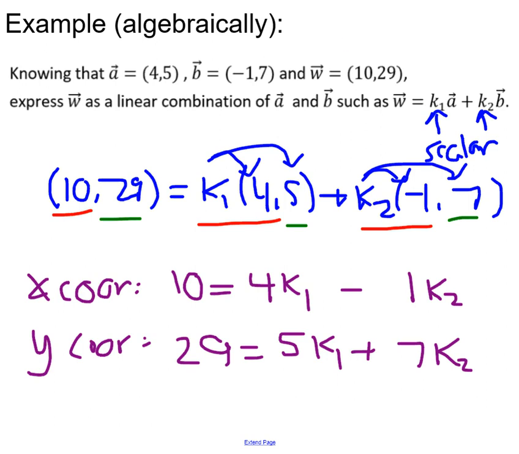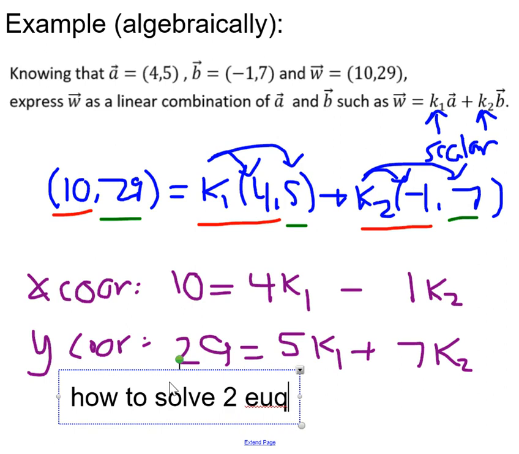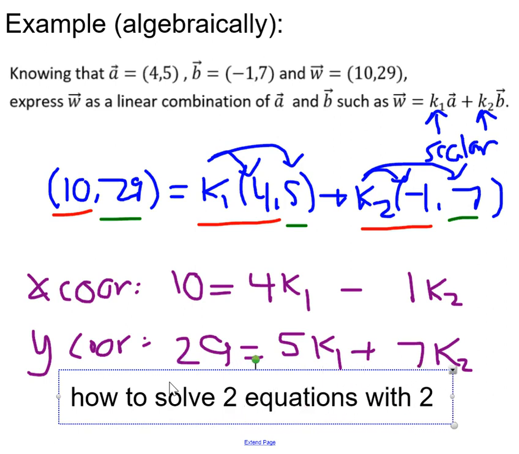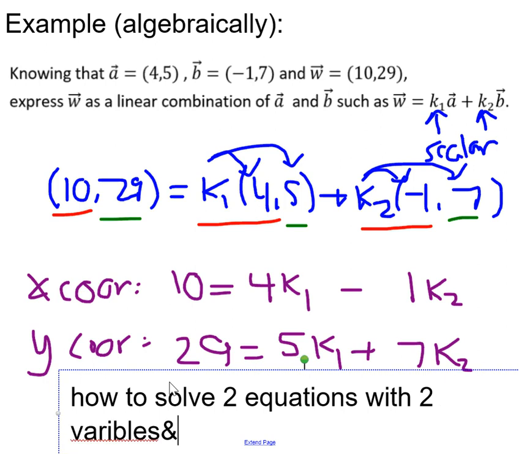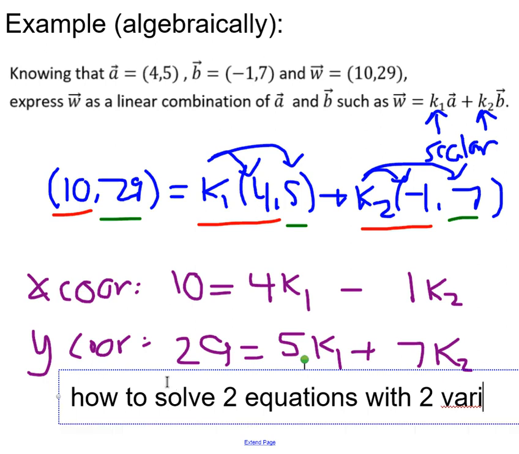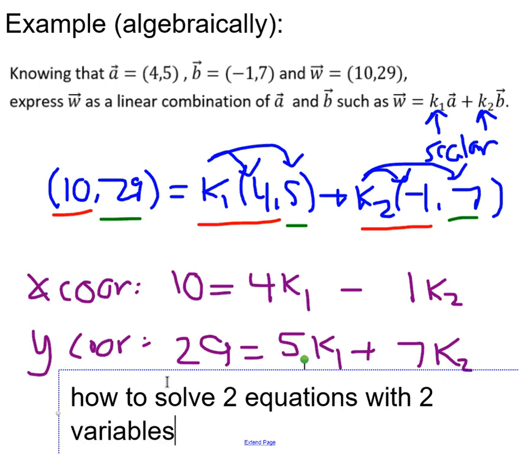Now the question is, and I hope this is easy for you to answer, how to solve two equations with two variables. So you have different options. I know most of you really like the comparison method, but there's also substitution and elimination. In this case, elimination is really the most efficient, so that's what I'm going to do.